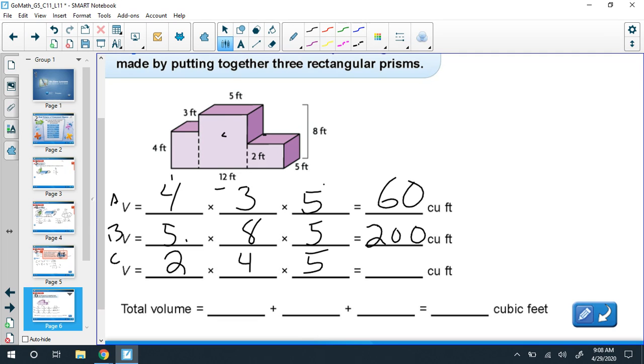And then prism C, 2 times 4 is 8, 8 times 5 is 40. We're going to add all of these together. So we get 60 plus 200 plus 40. Now, I'm going to do this part right here first because 60 plus 40 is 100, and 100 plus 200 is 300. So this composed figure has a volume of 300 cubic feet.